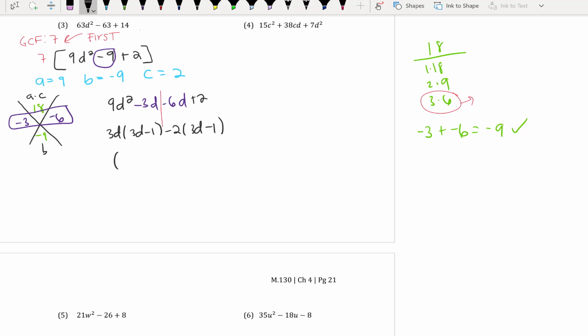So now the common parentheses is 3d minus 1, and my leftovers are 3d minus 2. And I can't forget my GCF from the very beginning that I'm going to drop down as a 7. So now I have my complete factored form.